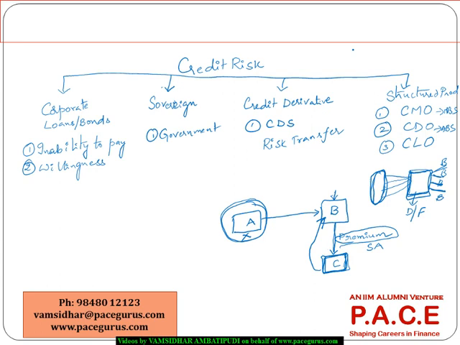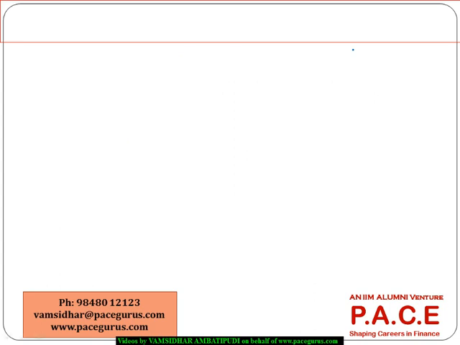So which means our primary intention is to value the various credit risky securities. How do I value the credit risky securities? And how do I take the mitigation mechanisms for the same?